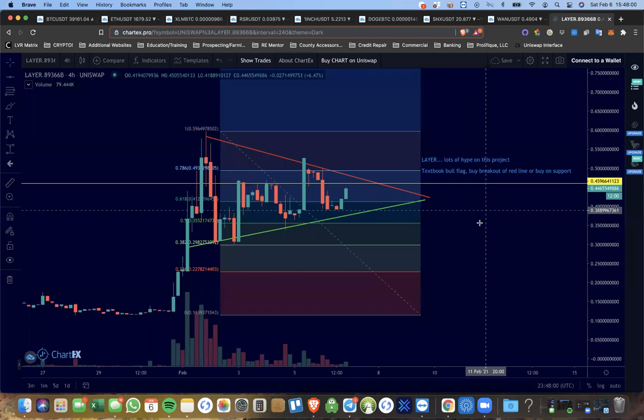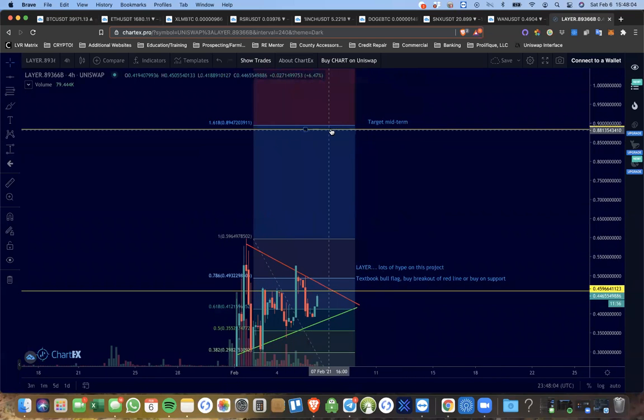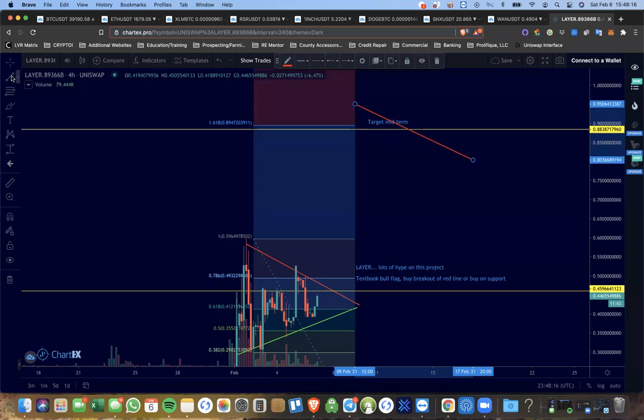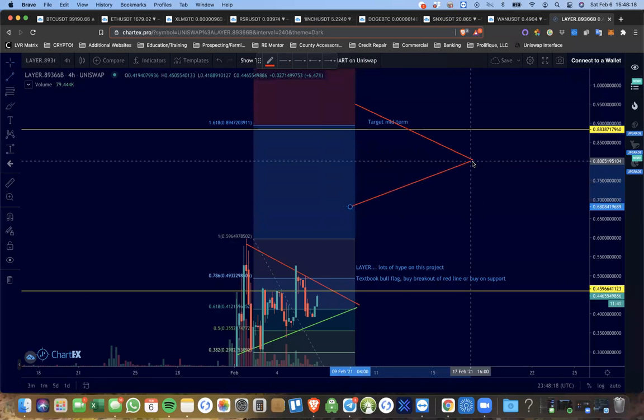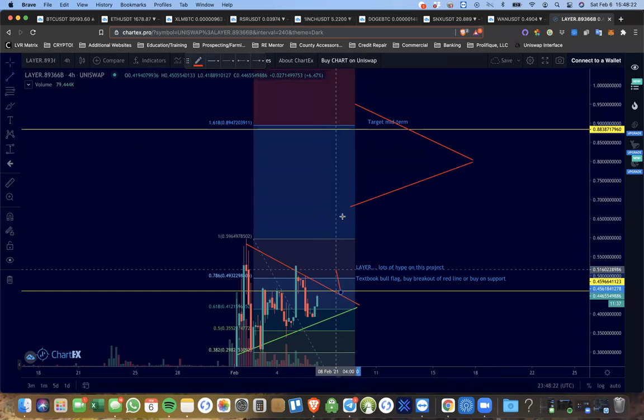So that's that. You got to connect your wallet. As you guys can see, this is what I would picture in my head. It comes up to this point, right? So it'll hit this, and then form another bull flag of some sorts, right? I know it's not going to go straight up like this, guys. Just bear with me.